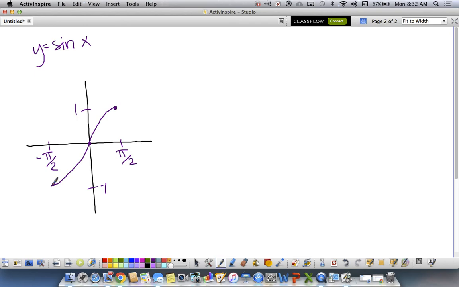The domain is x, a set of all real numbers such that negative pi over 2 is less than or equal to x, less than or equal to pi over 2.